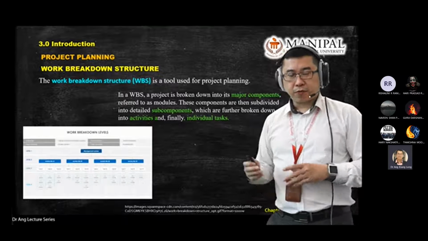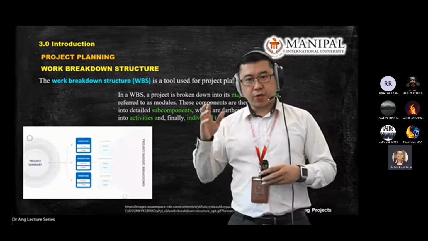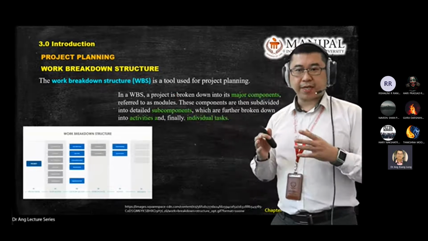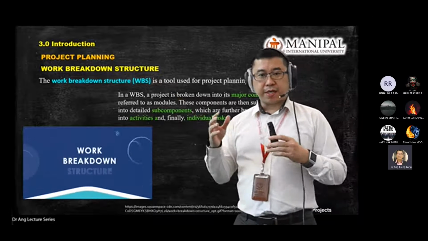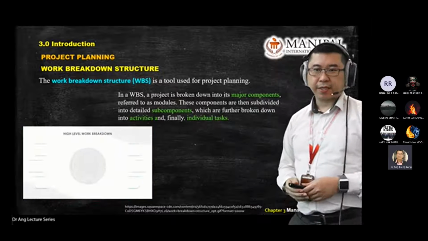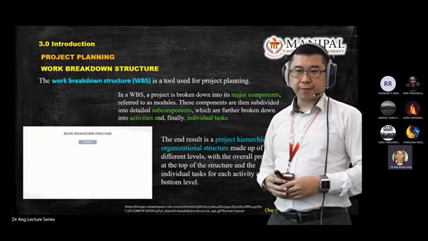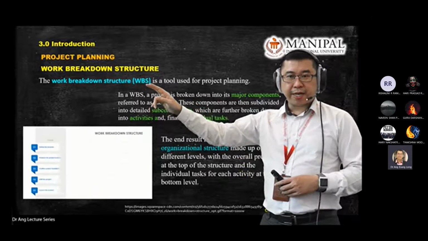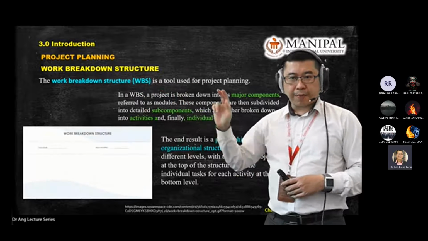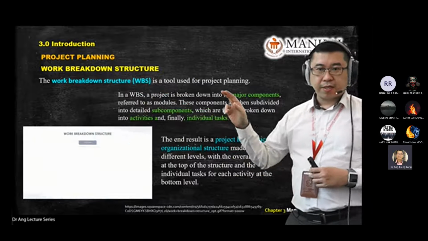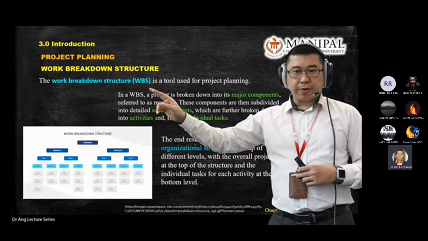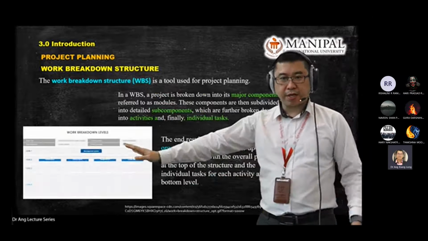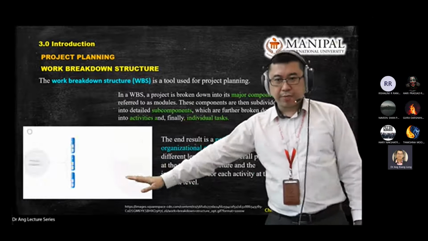So for this slide, what's important is that you have heard of WBS before. There's a work breakdown structure in project planning. How can you identify WBS in your project planning? When you look at WBS, you will see a hierarchy, like an organization chart or project chart.